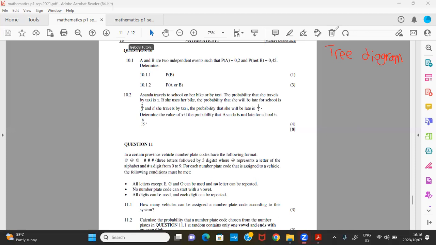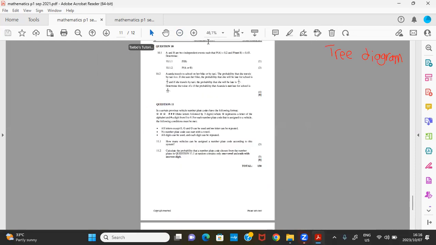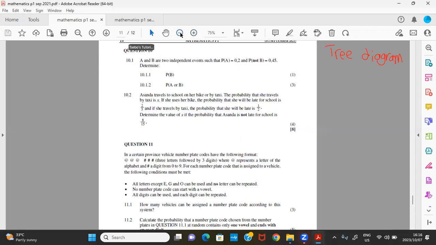Simply because now we have more than two events occurring. The first event is Asanda traveling to school by a bike or a taxi, and the other one is her being late, right? So we are going to use a tree diagram for them. So let me just put it here.